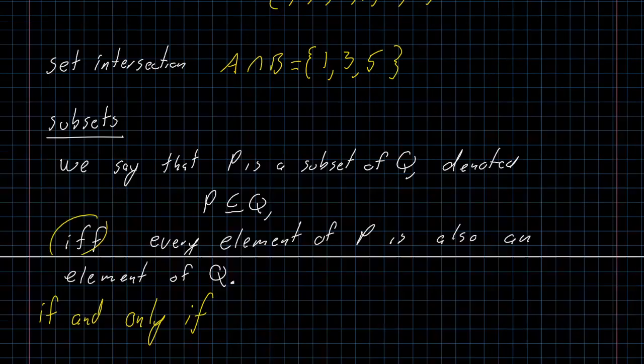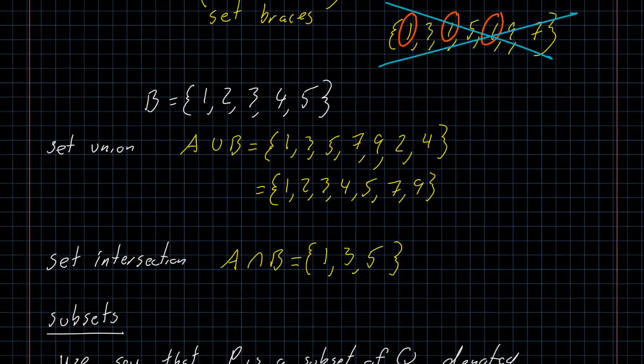The reason that I care about subsets right now is one of the nice things about the union and intersection. When you take the union of two sets, it is always going to be the case that A is a subset of A union B, and that B is a subset of A union B. You can check that just based on what we've seen here.